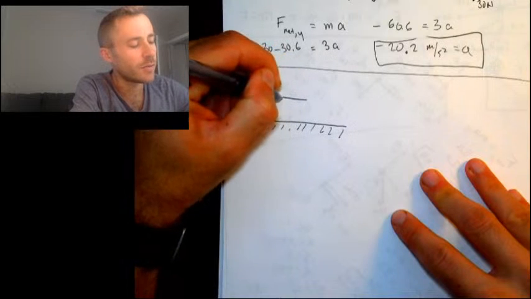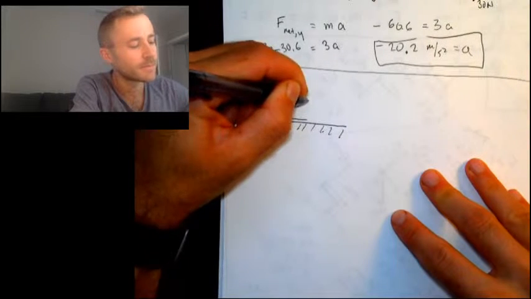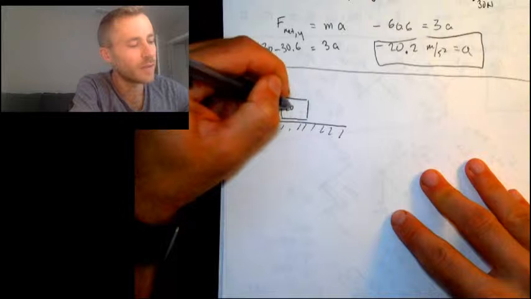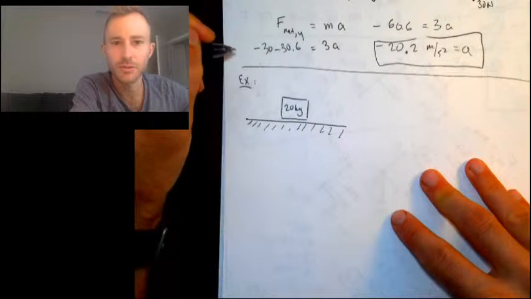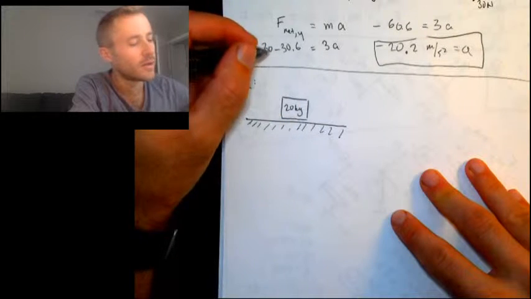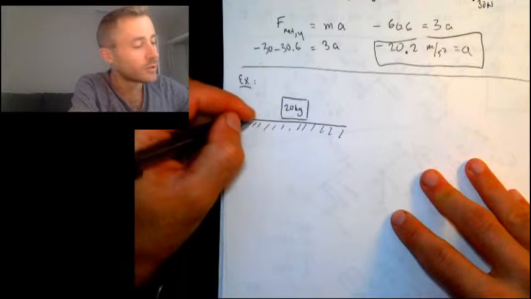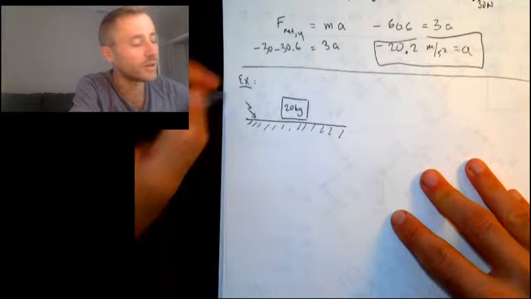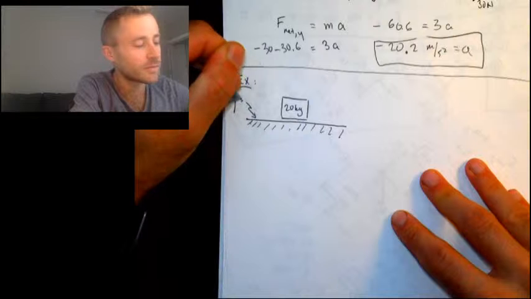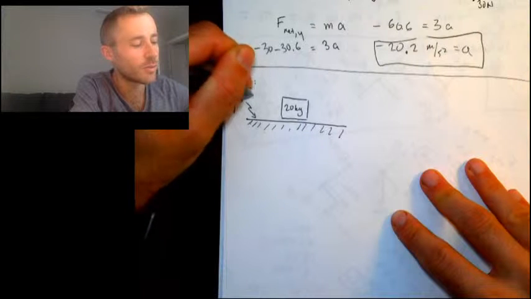And you have a block, and let's say the block has a mass of 20 kilograms. The block is not moving. So there's a coefficient of static friction equal to 0.8.